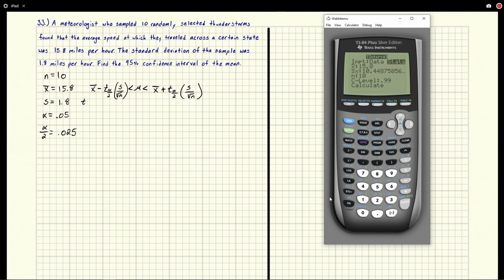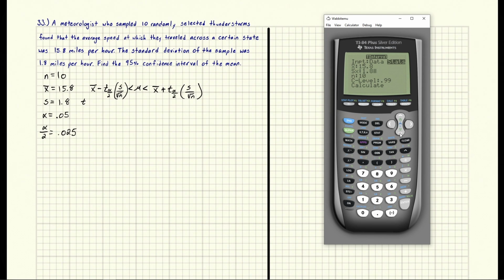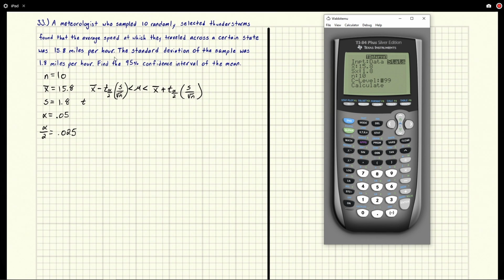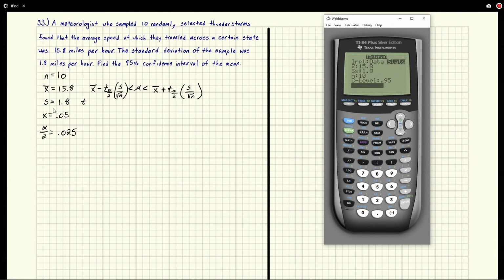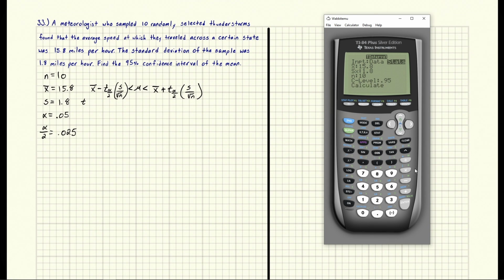Standard deviation was 1.8. Our n was 10, which is convenient. Then we come down to our confidence level, which was 95%, so we type 0.95. The calculator doesn't require the alpha or alpha over 2 like the formula will.